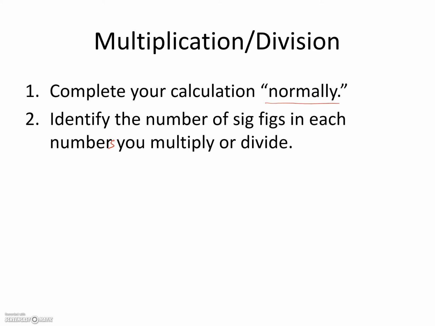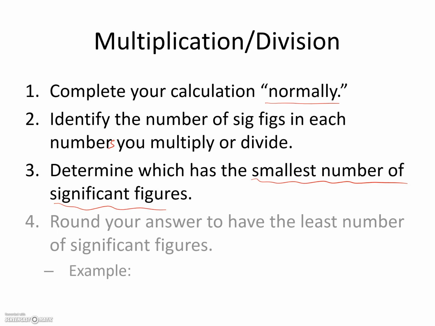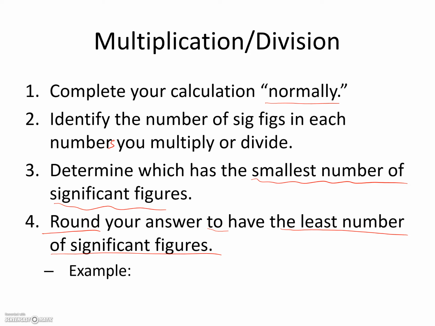It's those numbers that determine what to round your answer to. So you're going to identify the number of sig figs in each number you multiply or divide. You're going to determine which has the smallest number, and you're going to round to the least number of significant figures.